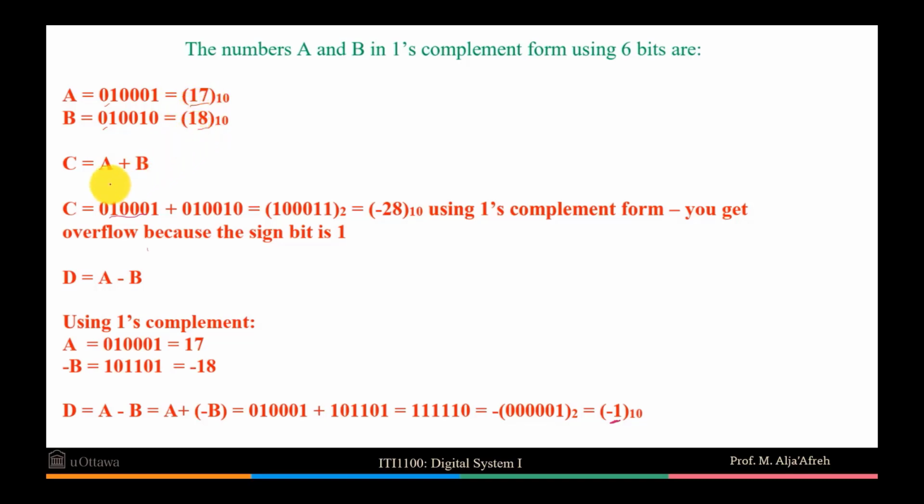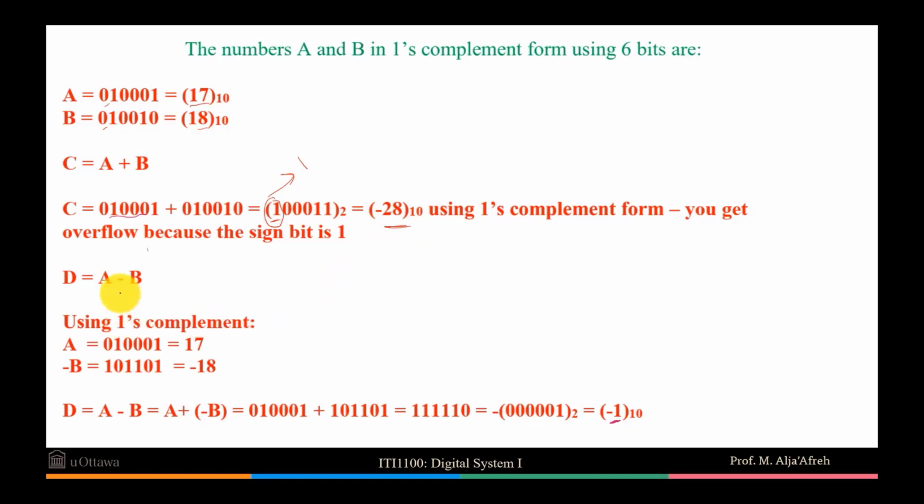In order to calculate C, it is basically A plus B. So we're going to add each bit from A to the corresponding bit from B. After we do the addition, we notice that the most significant bit is equal to 1. That means an overflow has happened, and the result is equal to minus 28.